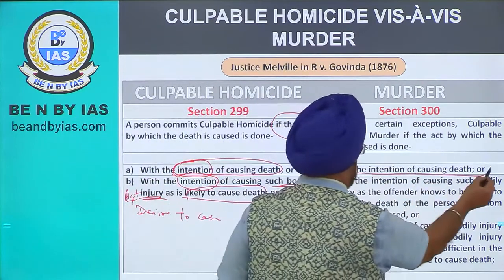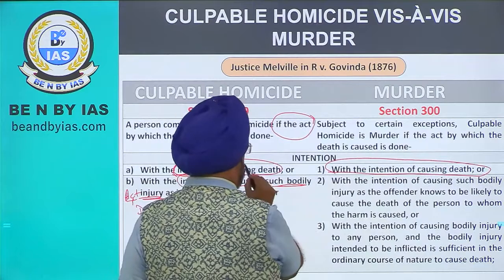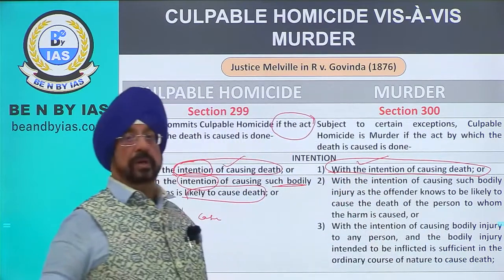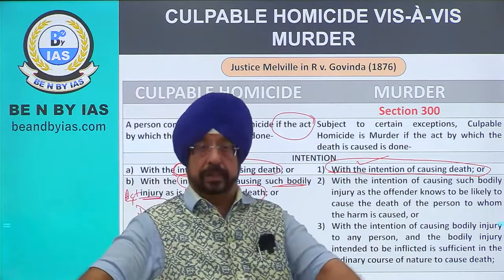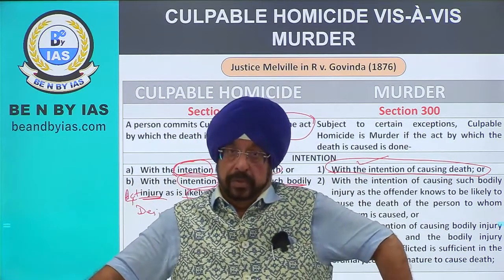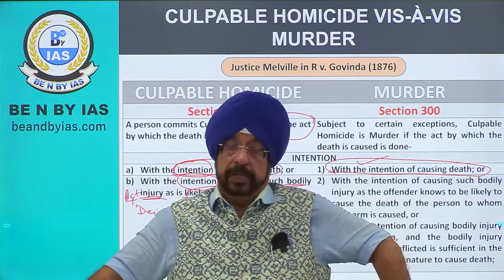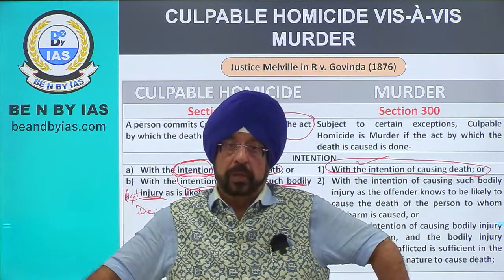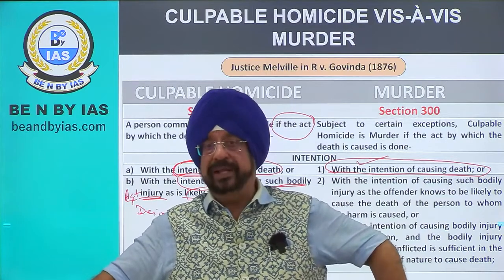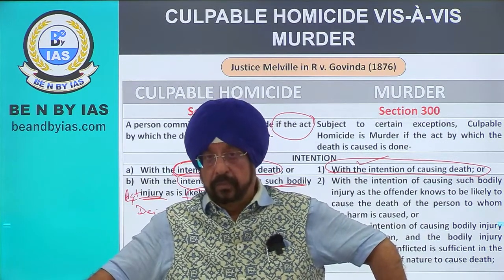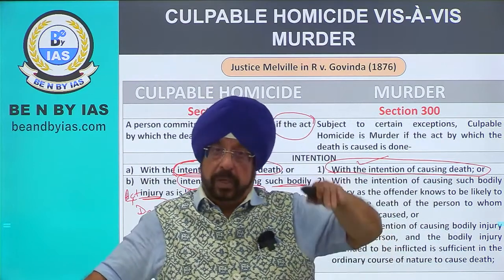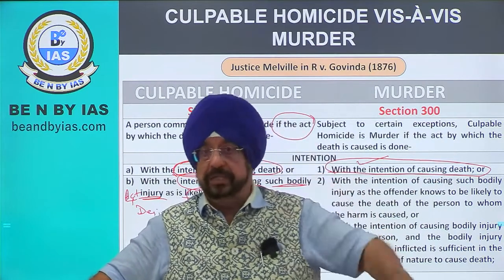So in case there is intention to cause death, it will be covered under the higher category, that is murder, unless there are other circumstances which will be explained a little later, where even if death is caused intentionally, it will be covered under the culpable homicide category. Otherwise, all intentional killings are murder.